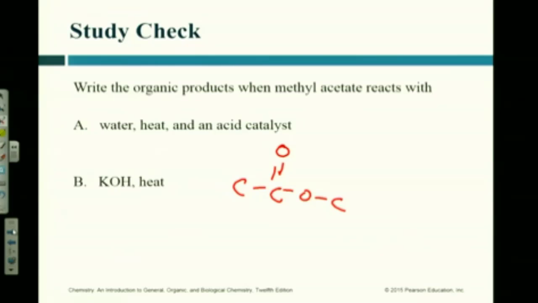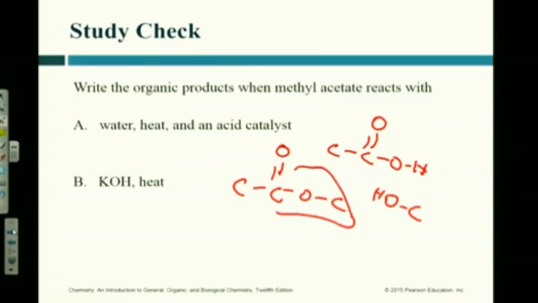Under acid hydrolysis, what do we make? Two alcohols, right? So we're going to get CC double bond O, OH, and then we're also going to get what? COH. Does that make sense? This is methyl acetate, we got to break this right here somehow. Okay?